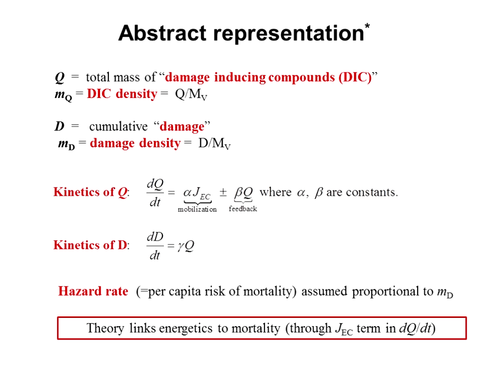I've introduced a state variable which I've called uppercase Q, which is the total mass of damage-inducing compounds in an organism. And just as we defined reserve density, we can define damage-inducing compound density by simply dividing Q by the structural mass. This quantity, lowercase m with a subscript q, is the variable that is used in Chapter 6 of DEB 3.